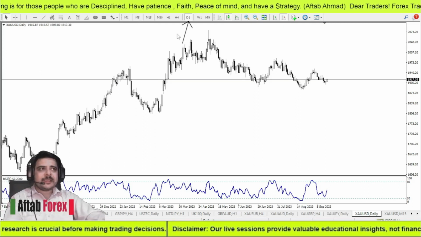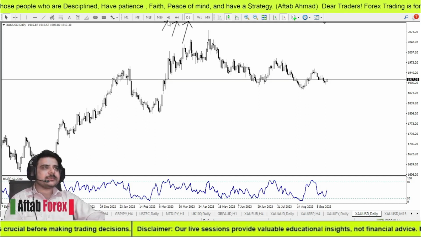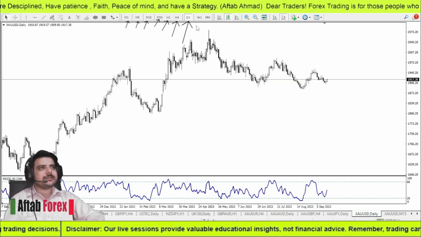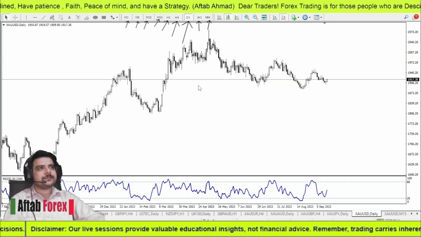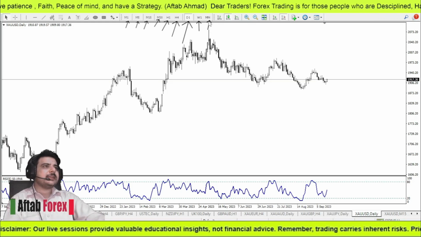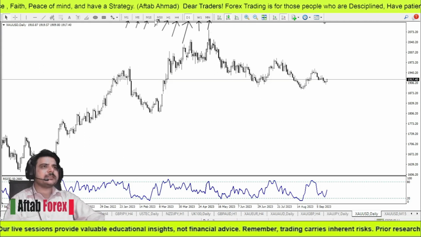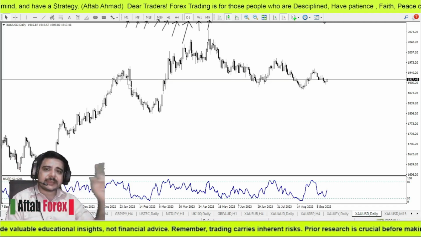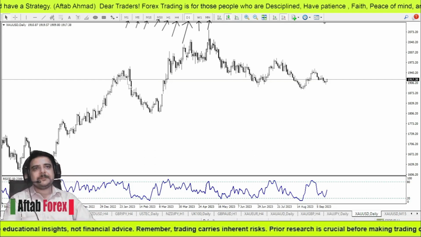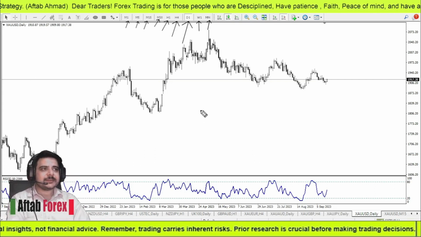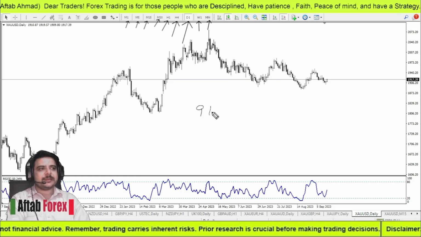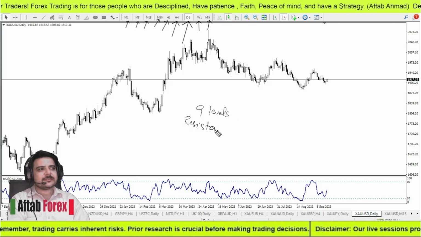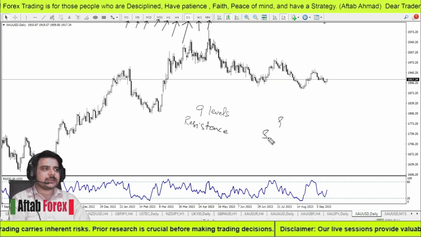Each time frame has its own levels, my friends, and we have to understand this concept, that there are 9 time frames on the MT4 and MT5, and these 9 time frames will have 9 resistance levels and 9 support levels.